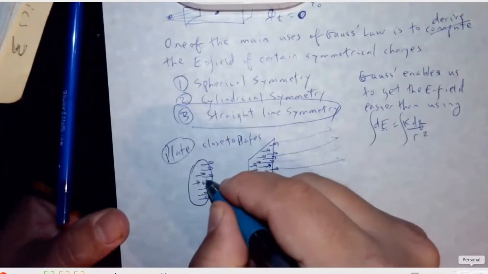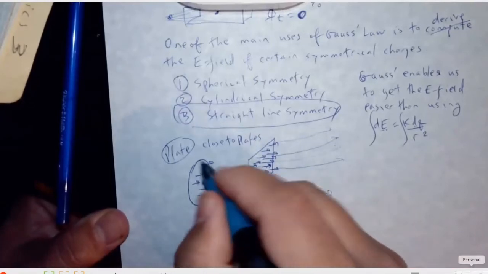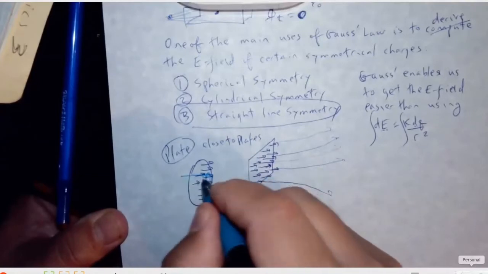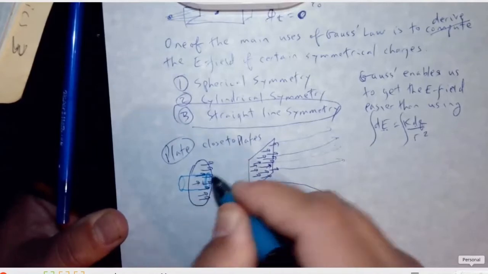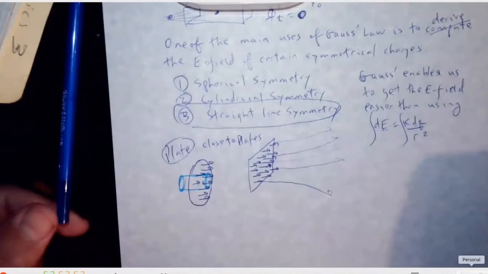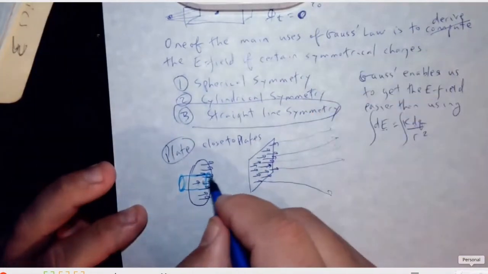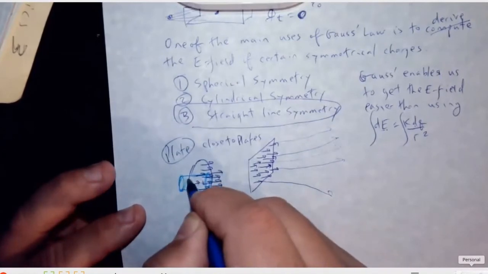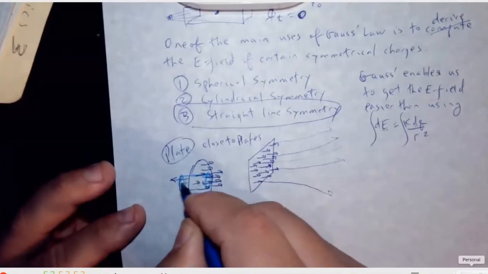We're going to take a Gaussian surface. In this case, I would probably take a cylindrical Gaussian surface like this. Then I'm going to apply Gauss's law to that circular Gaussian surface. The electric field is coming out this way, and on the other side of the plate, straight.